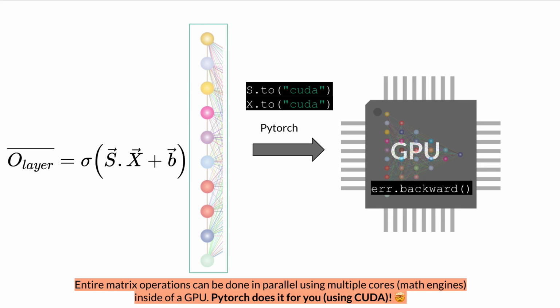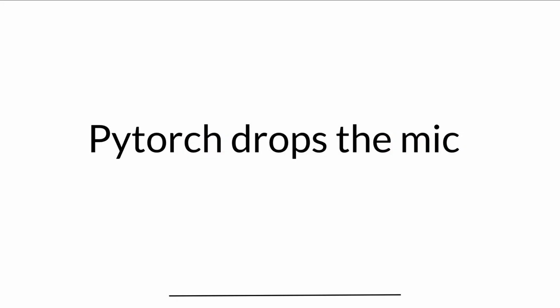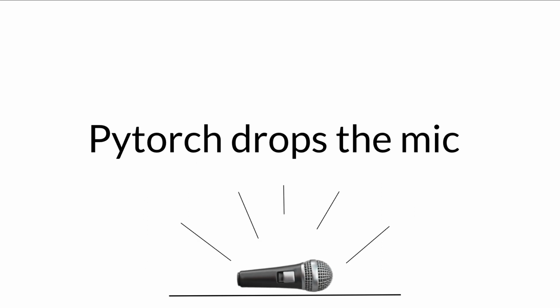Under the hood, it's done using sophisticated low-level math libraries written in C++, like cuBLAS and a number of libraries that can do the deep neural network calculations for us efficiently. And so we've got sort of a 2 for 1 here. We've got the backpropagation with the single method, and by merely assigning our vectors to the GPU, we can accelerate that method as well. So boom, PyTorch drops the mic.